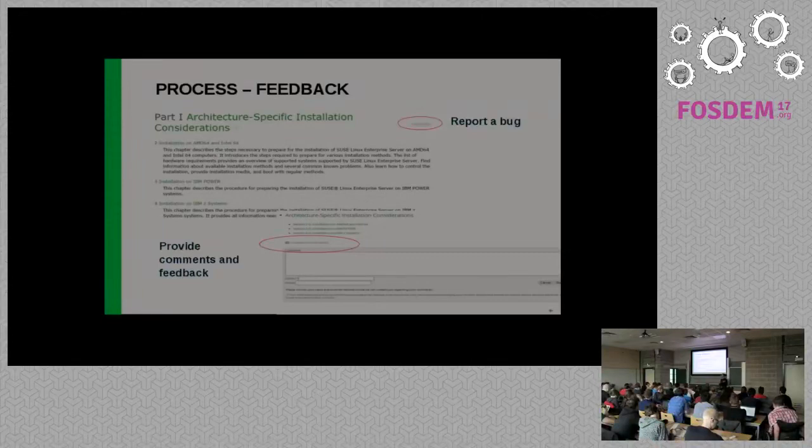If you click the feedback button there, you're directed to Bugzilla. But on the documentation that goes live, you're directed to the doc comment system, which is more intuitive. You just need to fill out your email and your name and can provide feedback.